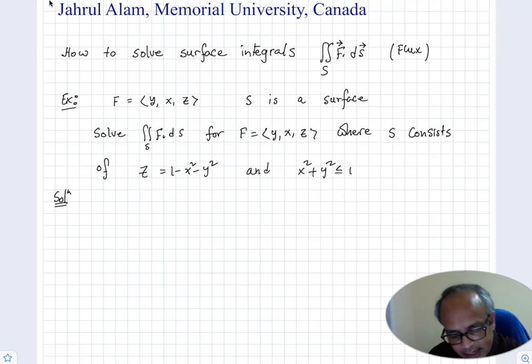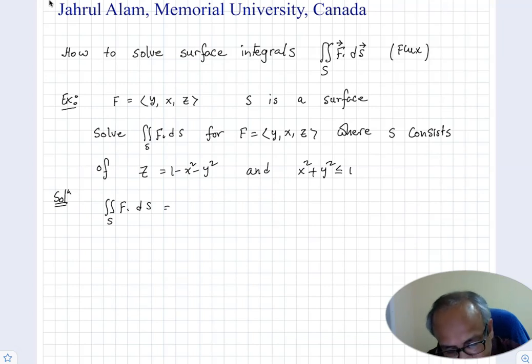So the idea is we will start with this vector integral, where f is a vector and S is a vector. For simplicity I'm not using the arrow sign; let's assume f is boldface, S is boldface, the vector.